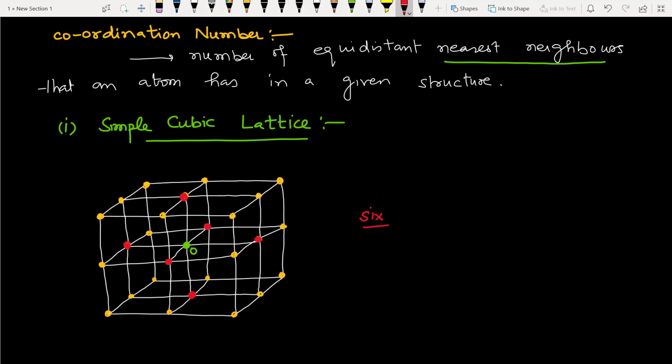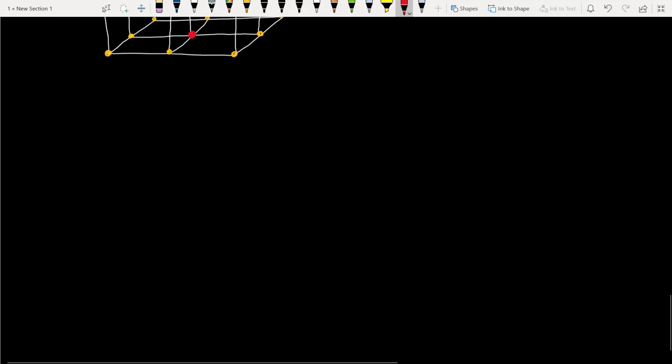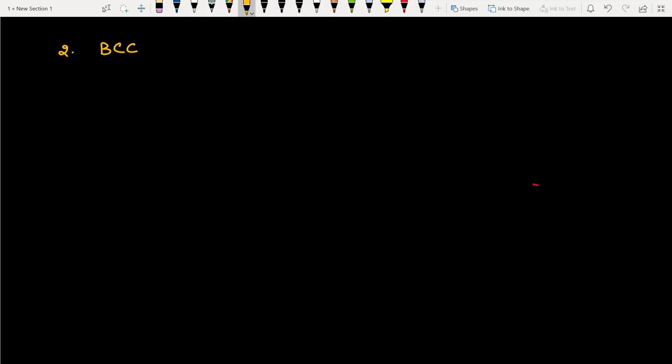So coming to BCC lattice. Number 2, BCC lattice.